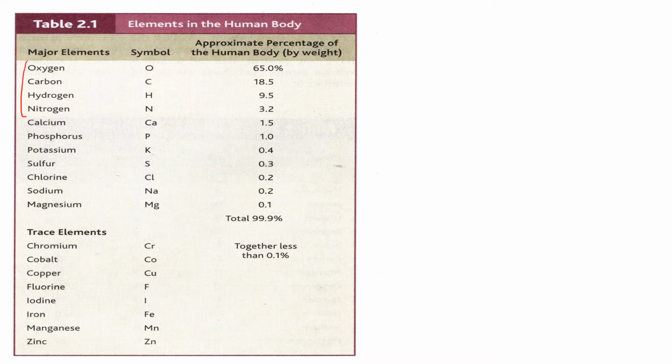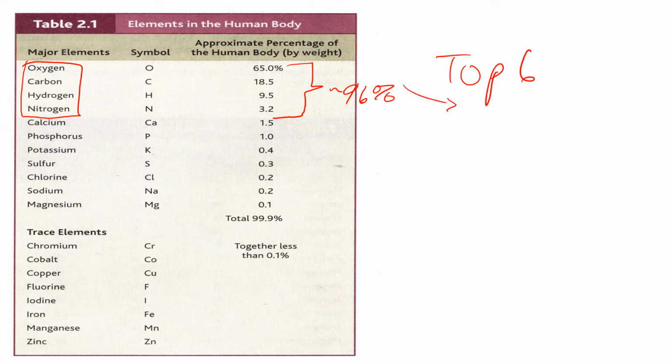These first four are the big four, and these top four make up about 96% of you. The other two major ones that make the top 6 are phosphorus and sulfur.